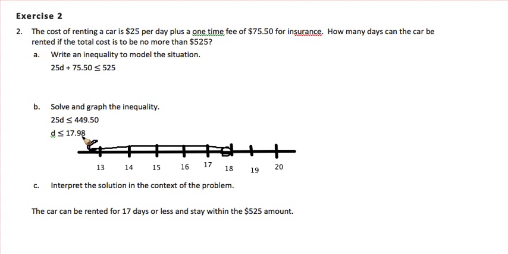They don't do partial days. And since it doesn't go all the way to 18 days, we have to go back to 17. For that reason, we would put an open dot on 17.98 because it doesn't include that since we are talking about whole days only. But normally we would color in that point.